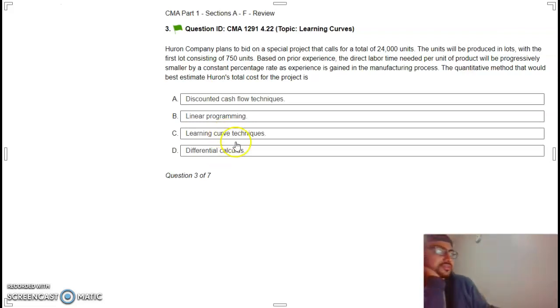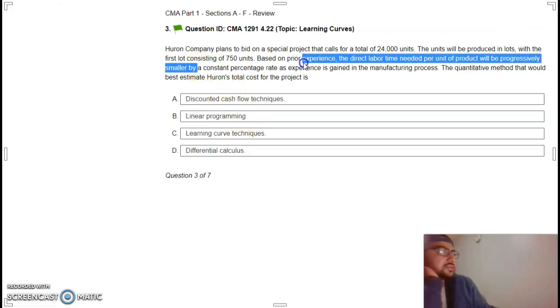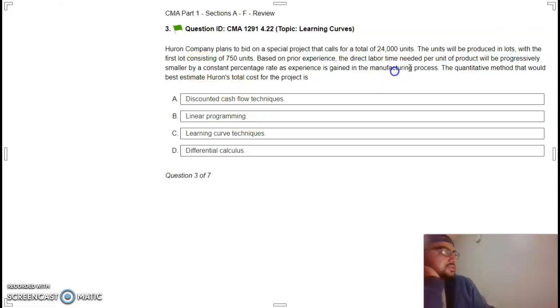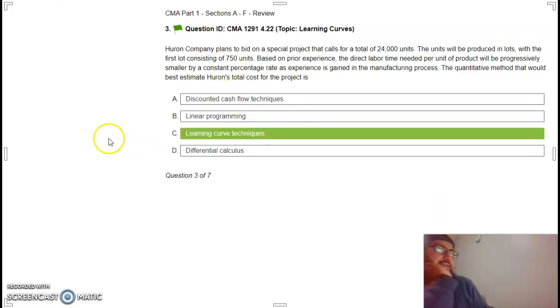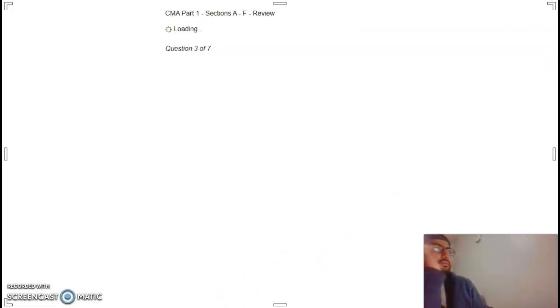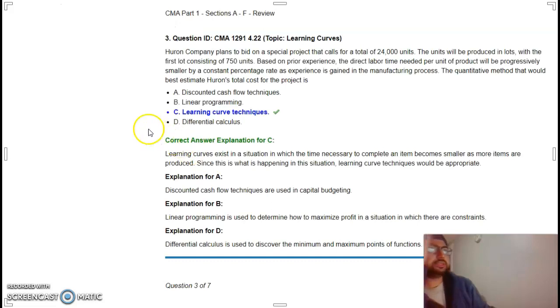So it should be learning curve techniques, because experience gained in the manufacturing process makes time progressively smaller at a constant percentage rate. It's definitely learning curve techniques, because as experience is gained, the learning curve decreases and the personnel become more skilled. Come on, be done. Thank God.